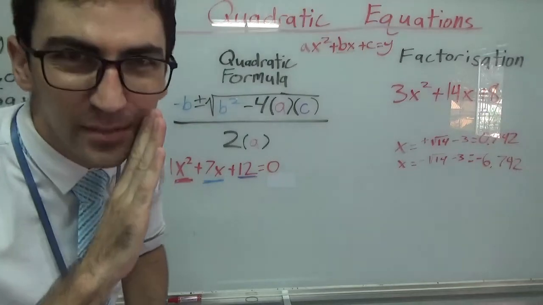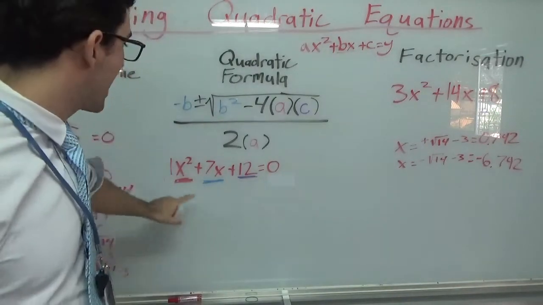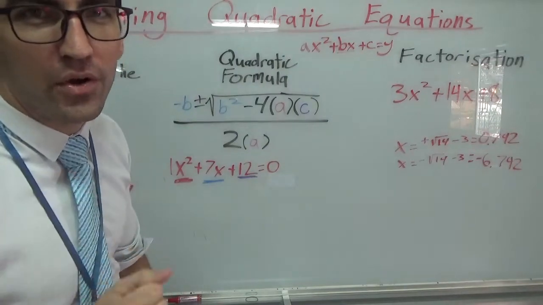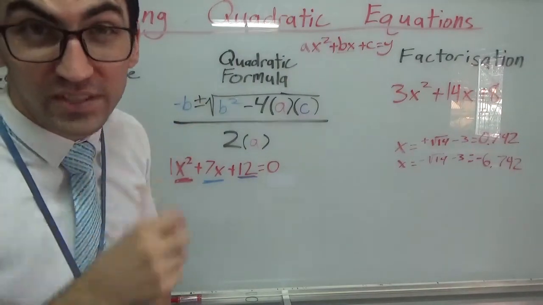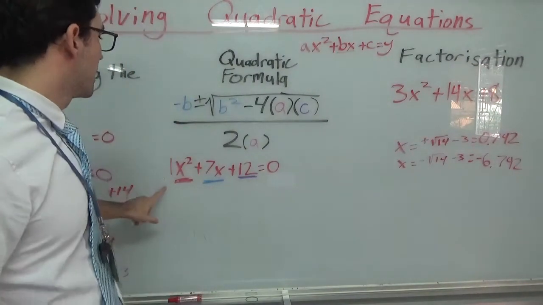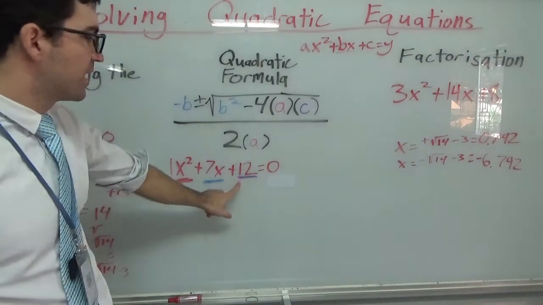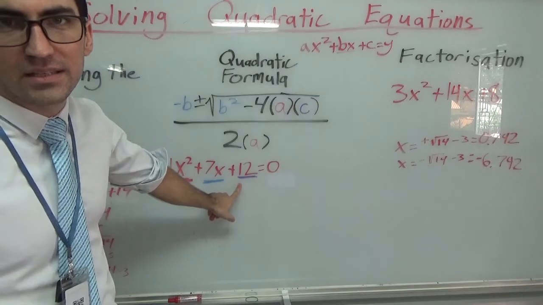There's an invisible 1. If it doesn't show you anything in front of the x squared, then our coefficient is just 1. And then 7 is b, and c is 12.